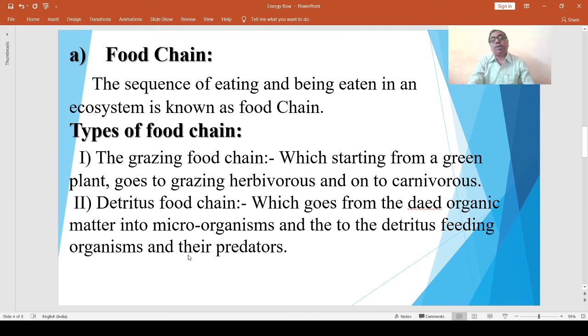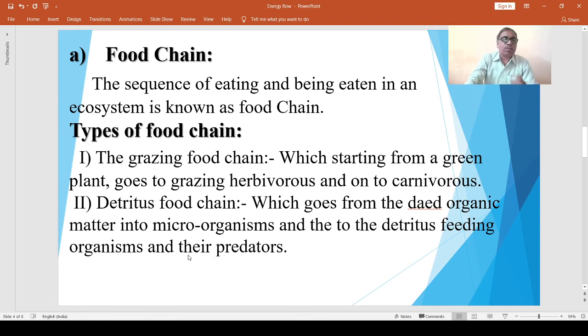Detritus food chain goes from the dead organic matter into microorganisms, to the detritus feeding organisms and their predators. Another type of food chain is the parasitic food chain.